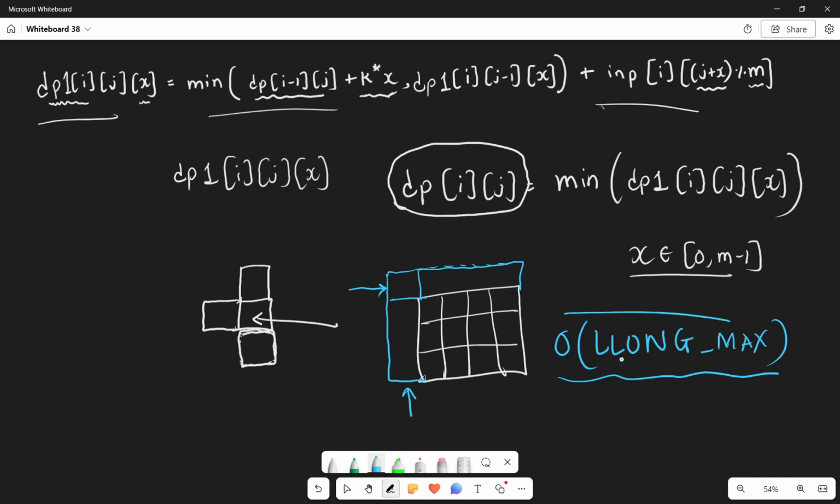That is basically what I'll do to avoid any wrong values which can appear here.